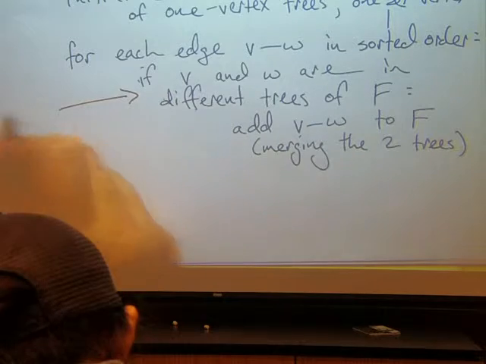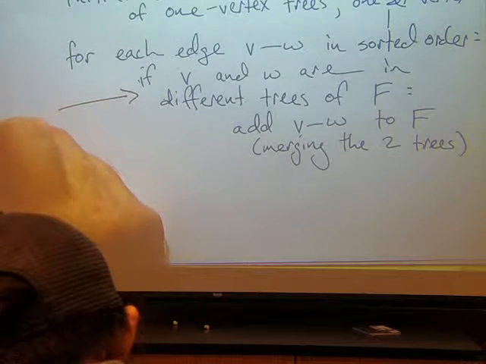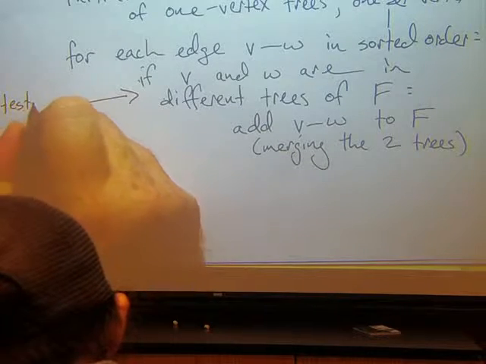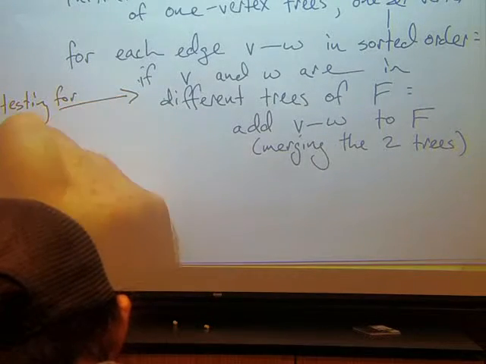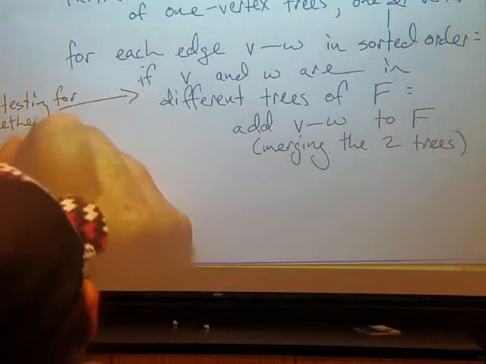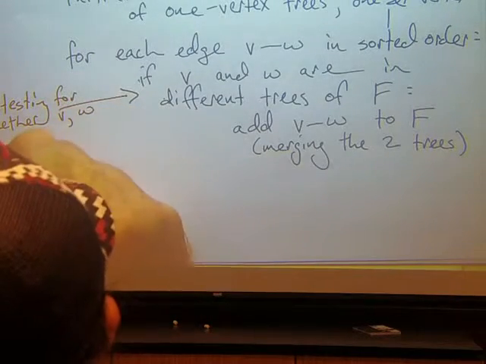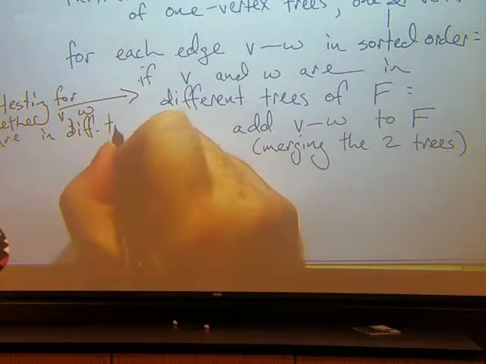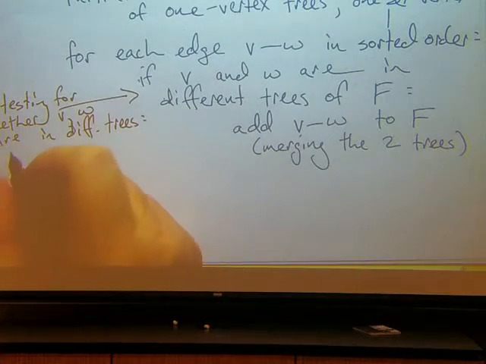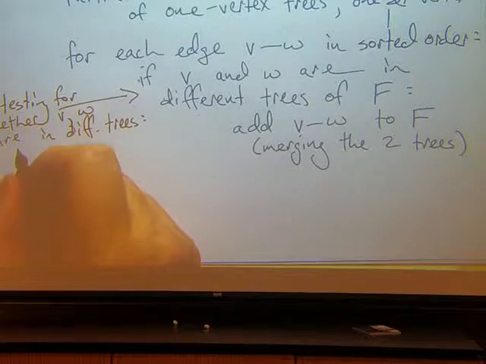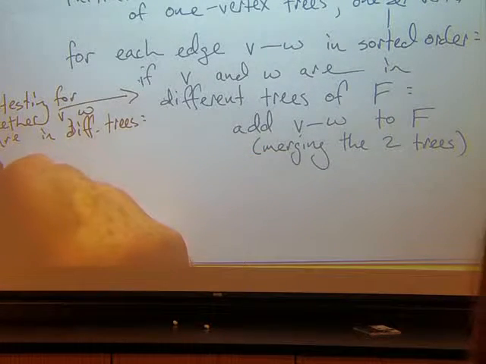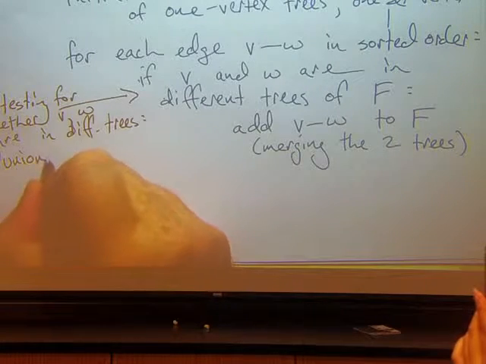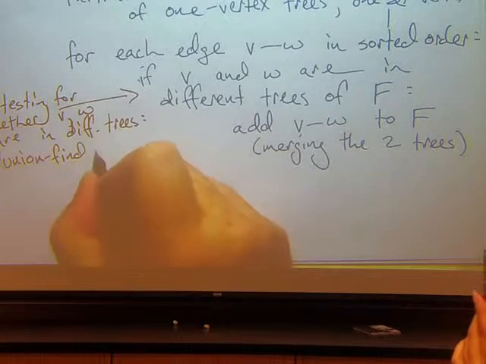This test for whether they're in different trees can be done using a somewhat complicated but practical and efficient data structure called the union find data structure that I'm not going to describe.